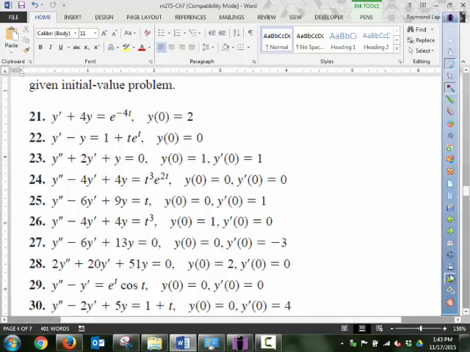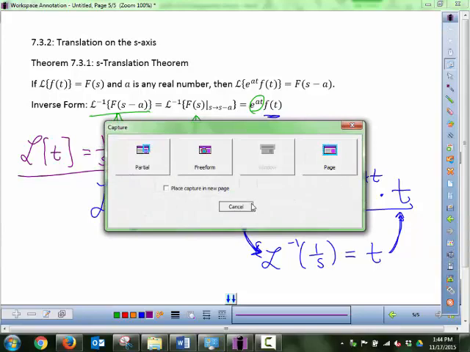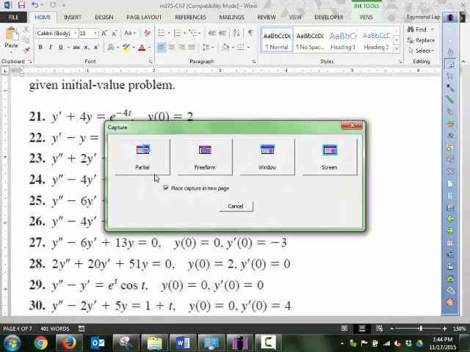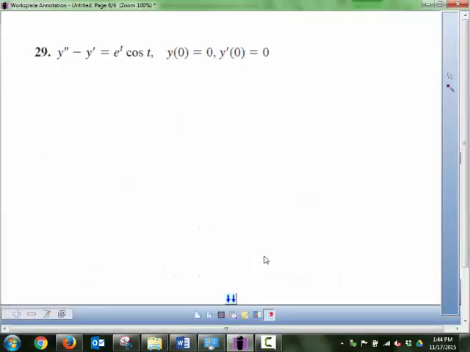So let's see if we can tackle that one. Oops. Number 29. Uh-oh. Wait. Do we have a way to transform this?